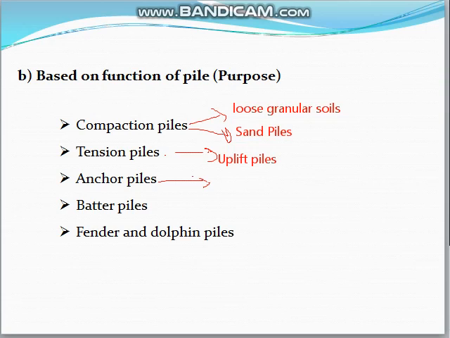Anchorage piles are used to provide anchorage against horizontal pull from sheet piling.